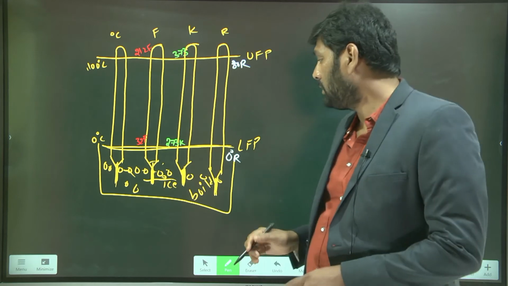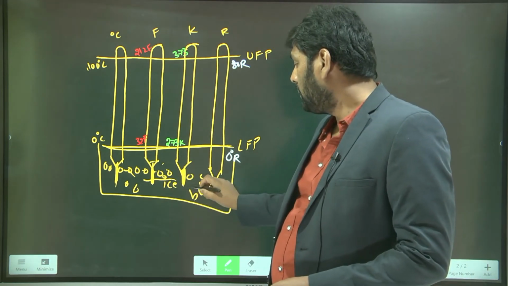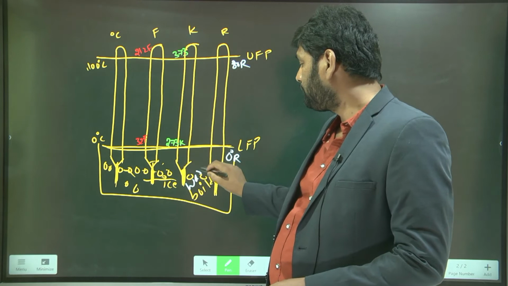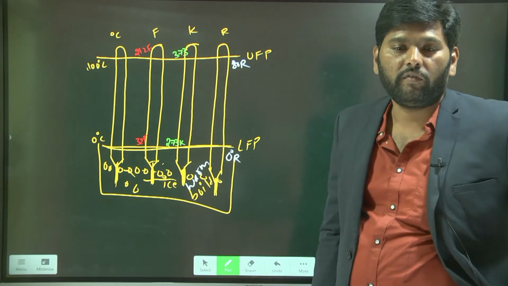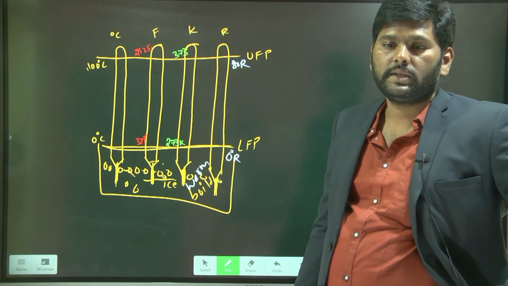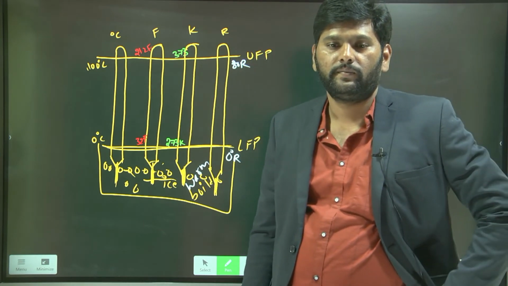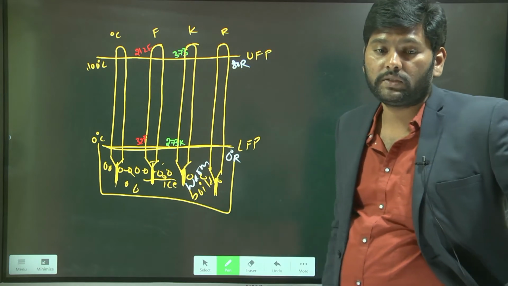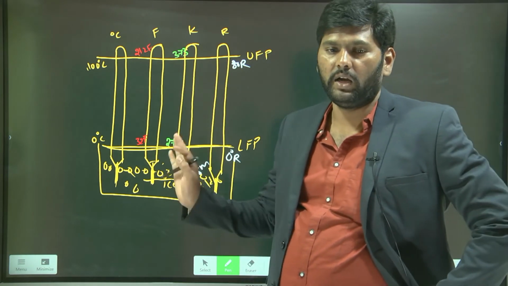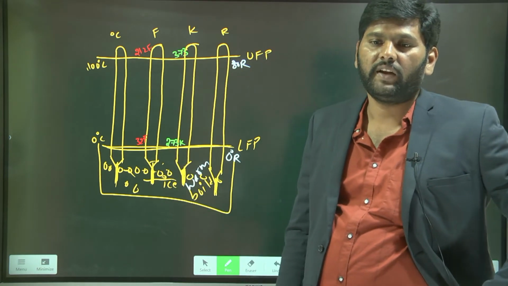Now the same thing I will keep in warm water. When I keep it in warm water, will it rise to the highest level or the lowest level? I have kept these 4 in warm water, not boiling water. Then what is going to happen?